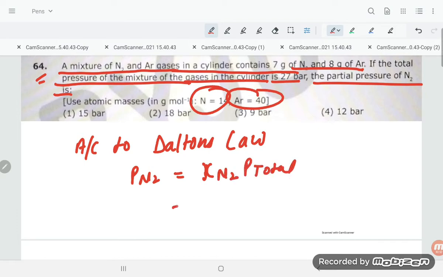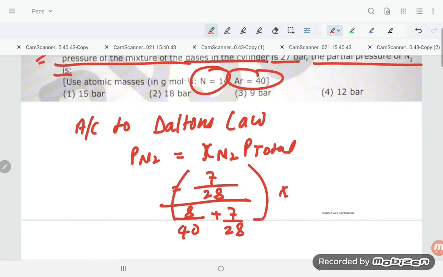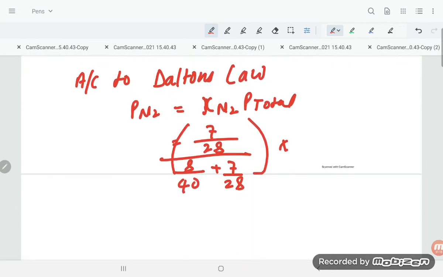So moles of N2 is given mass upon molecular mass, 7 upon 28, divided by total moles, 8 upon 40 plus 7 upon 28. This is the mole fraction of N2. P total is already given, 27 bar.